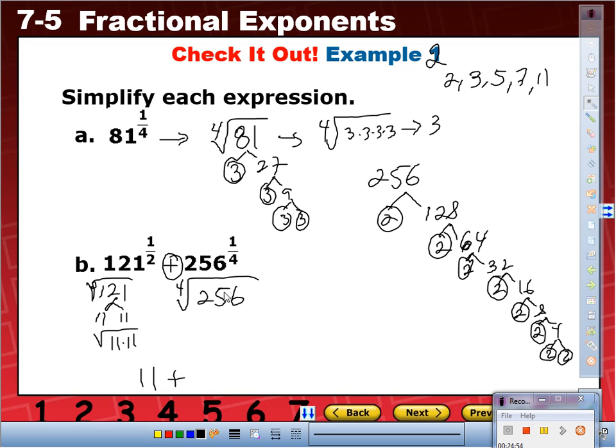Here we go. So this becomes what? Check this out. This becomes 4th root of 2 times 2 times 2 times 2 times 2 times 2 times 2 times 2. That's 8 of them, right? The index is asking which number multiplies itself 4 times. Let's see. So box a group of 4. What number is that? 2.